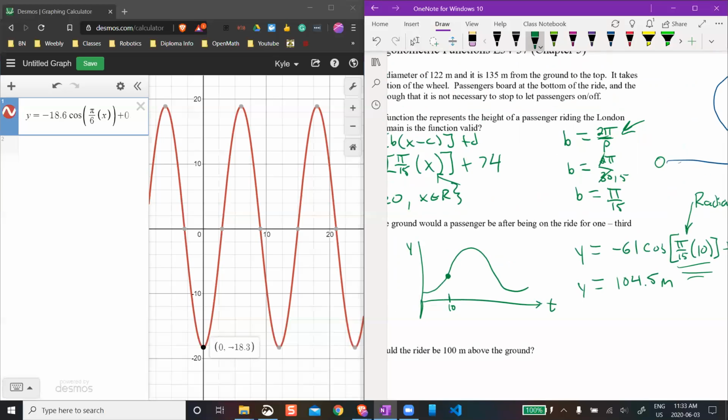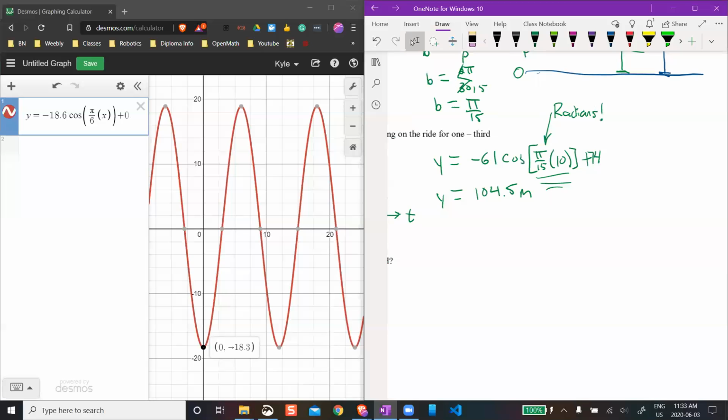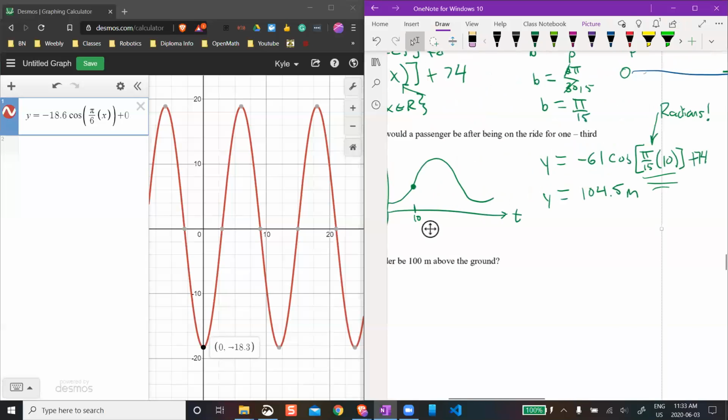If I wanted that to be in terms of degrees, I would have said 360 over the period. So it was at this point that I chose to be talking about radians instead of degrees. So just make sure your calculator is in the right mode when you put that in, because you'd get an answer, it just wouldn't be right. So just be careful on that one.